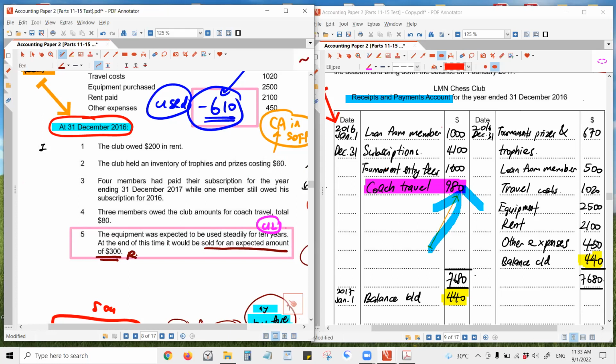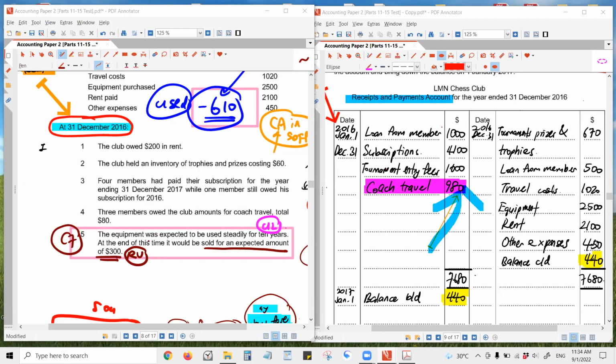This is residual value. If you don't get what I'm saying, if you think you have not seen residual value before, then you have to revise chapter 7, the depreciation topic in my material. No, we are not selling the equipment here. Have we sold it?